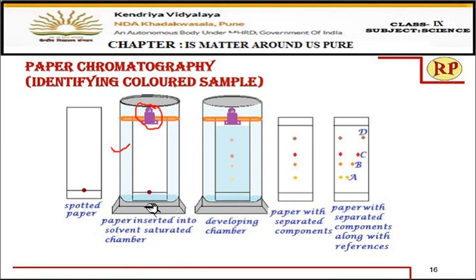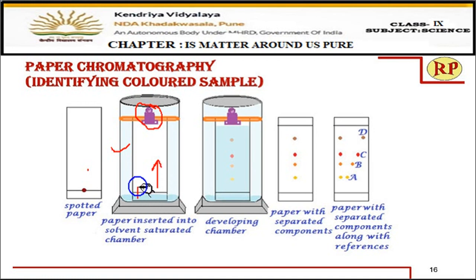Now what will happen, children? It is a filter paper, so it has small pores present on it. Water will start rising up the filter paper due to capillary action. As you keep the filter paper on the water, it starts absorbing the water slowly with the help of capillary action. Water will move through the pores and rise up and keep the complete filter paper wet.